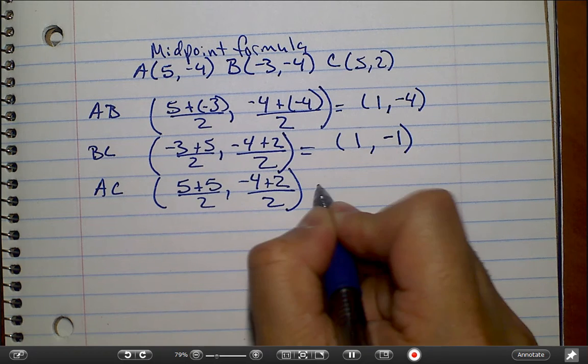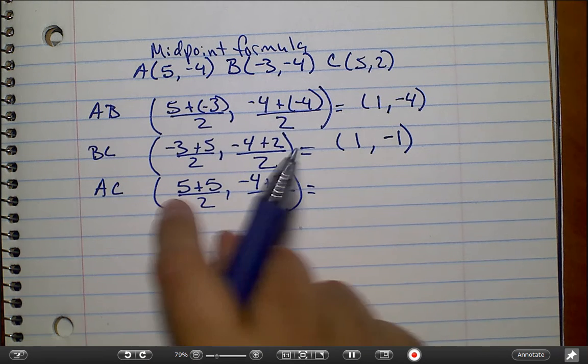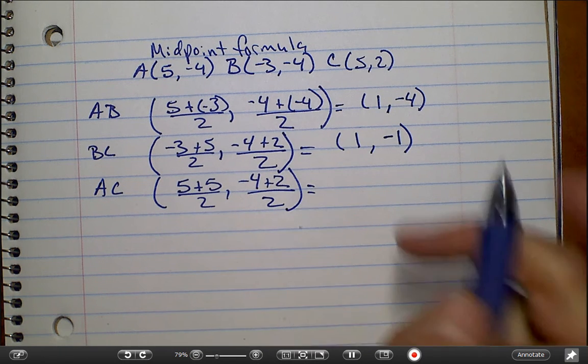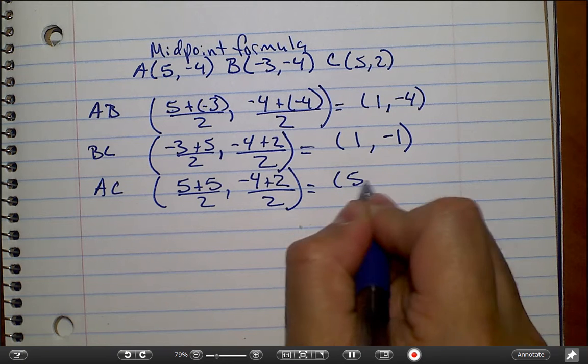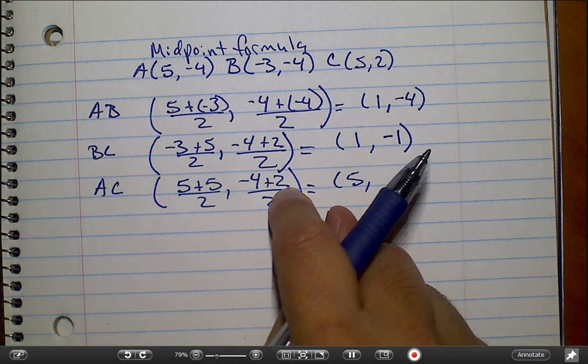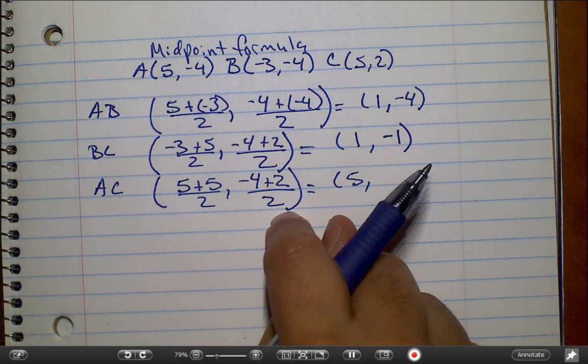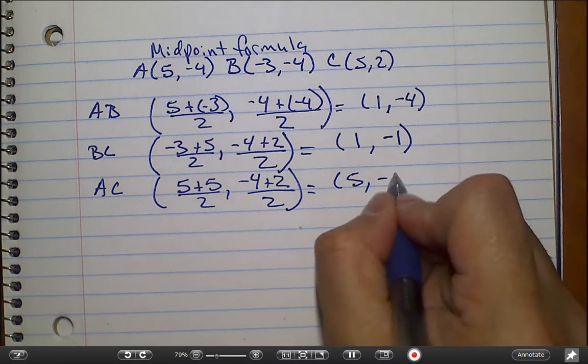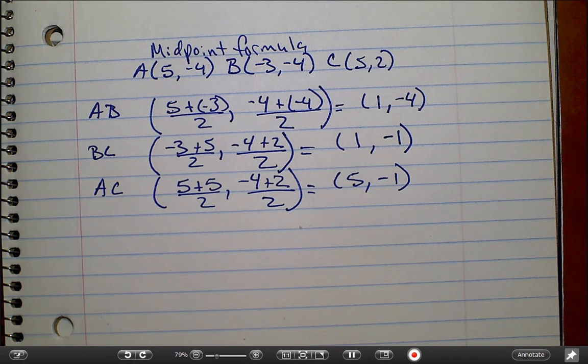All right, so now 5 plus 5 is 10. 10 divided by 2 is? -4 plus 2 is? -2 divided by 2? -1. There we go. So I have all my work here for this.